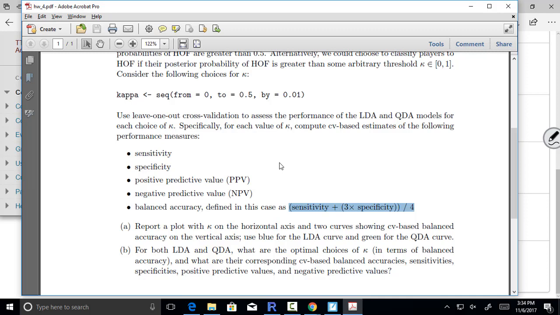So in order to force us to pick a model that strikes a good balance between both sensitivity and specificity, I want you to use, for the balanced accuracy, what I have highlighted here. A weighted average of sensitivity and specificity. Sensitivity gets weight 1, specificity gets weight 3.